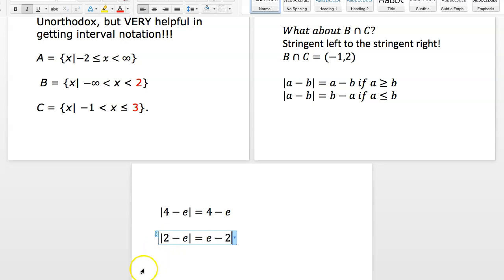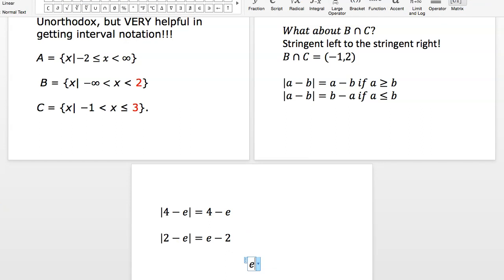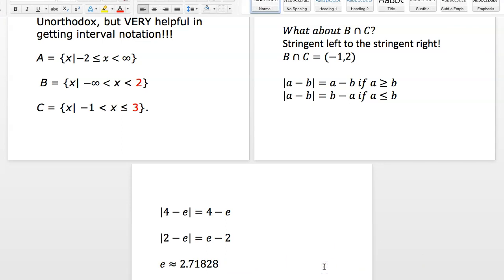So now if you put 2 in there, you're going to get E minus 2. Euler's number is what we call it. You don't know what that is yet, but it's about 2.71828. It's an irrational number, but that's roughly what it equals. But just take my word for it for the time being. Okay.